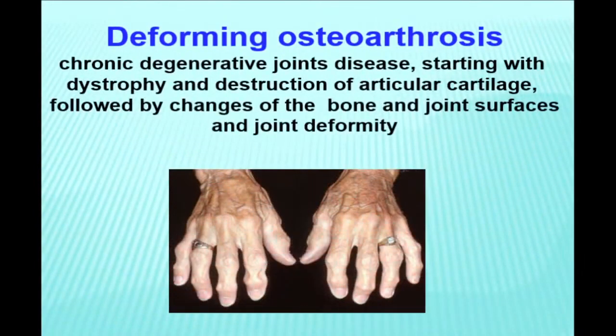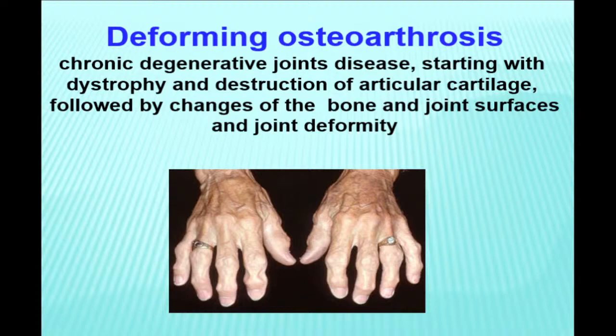Deforming osteoarthrosis, chronic degenerative joint diseases, starting with dystrophy and destruction of articular cartilage, followed by change of the bone and joint surface and joints deformity.